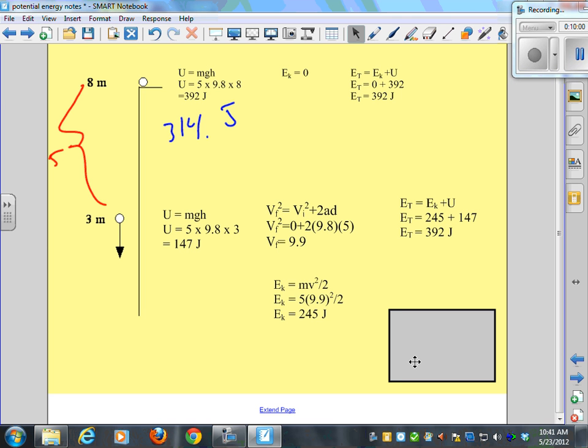Now, you might be off by a little bit due to rounding, but for the most part, energy should be conserved. In other words, did I really need to do those two things? Or did I need to do this one to get the kinetic energy? No. All I have to do is subtract, right? 392 minus 147. All I have to do is subtract.